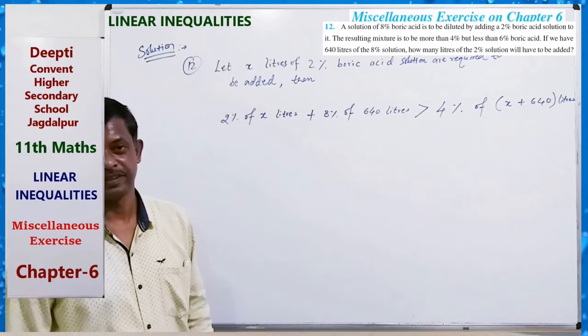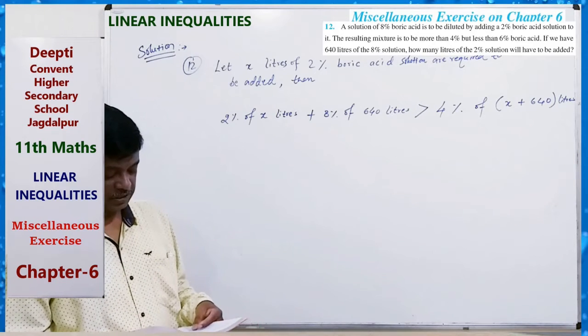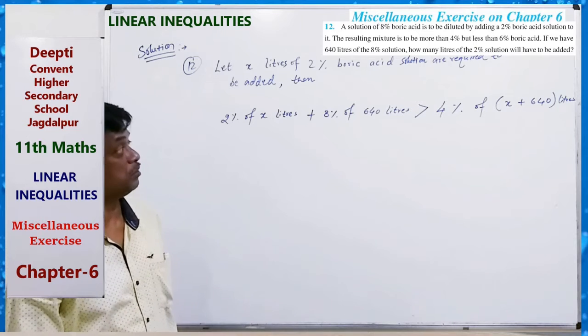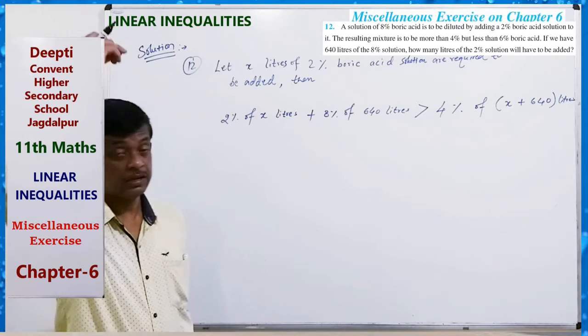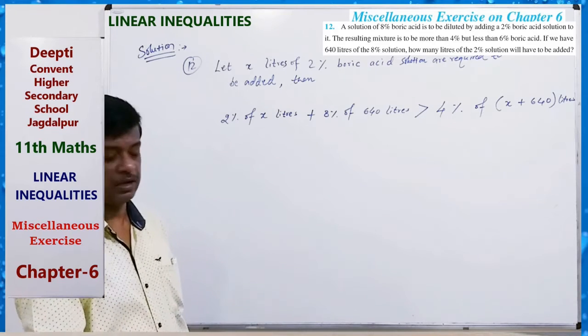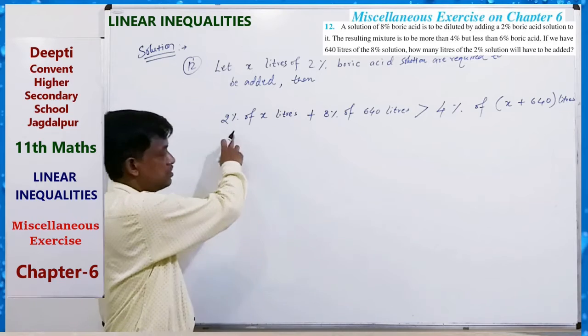Clear? Because it is more than 4% but less than 6% boric acid mixture. The total mixture is what? 640 liters of 8% solution, and we have to add X liters of 2% solution.